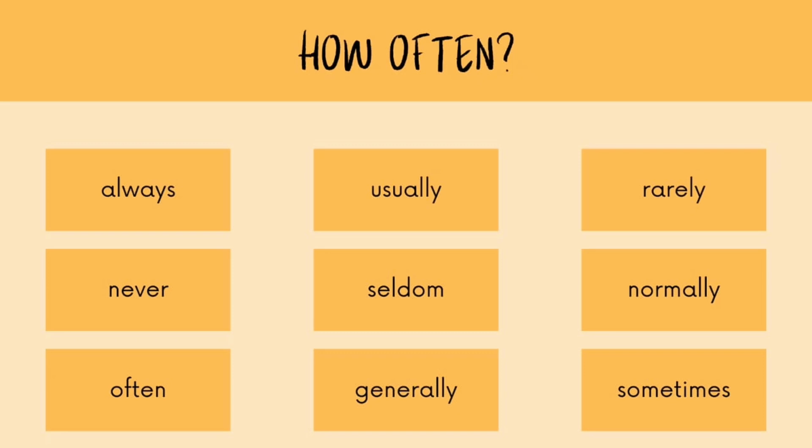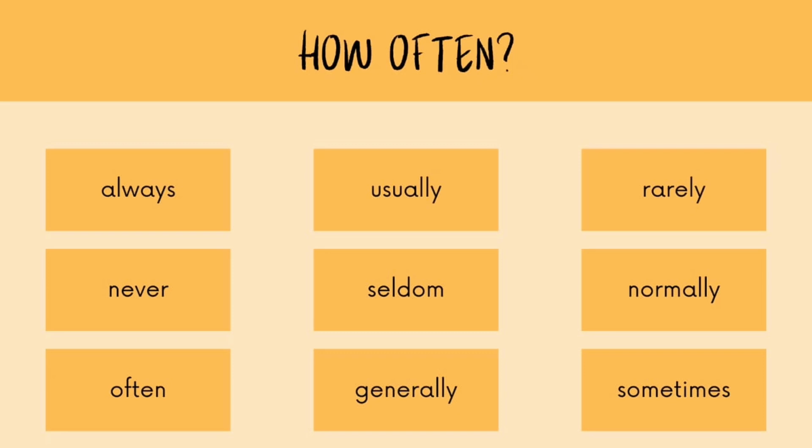Compare that with my mother rarely visits us. It means she hardly comes at all. You can hardly see her do that thing. So that is when you use rarely. You have to be able to differentiate amongst the uses of these adverbs of frequency.